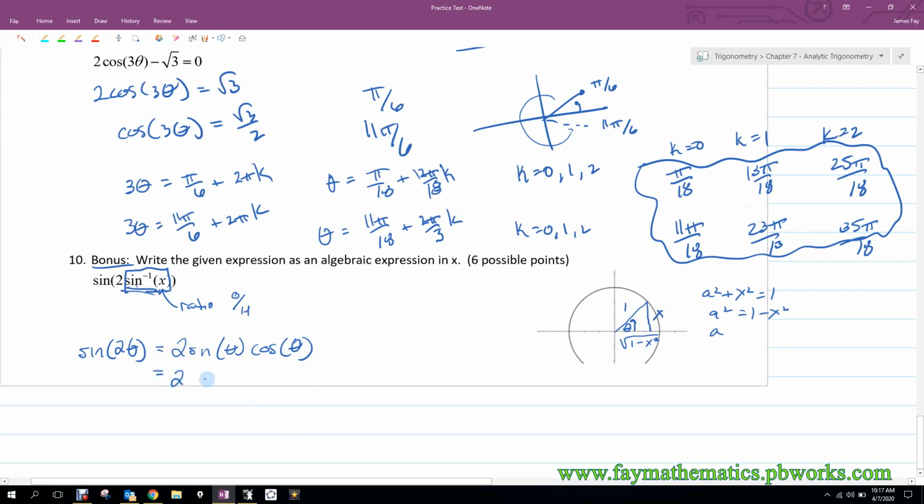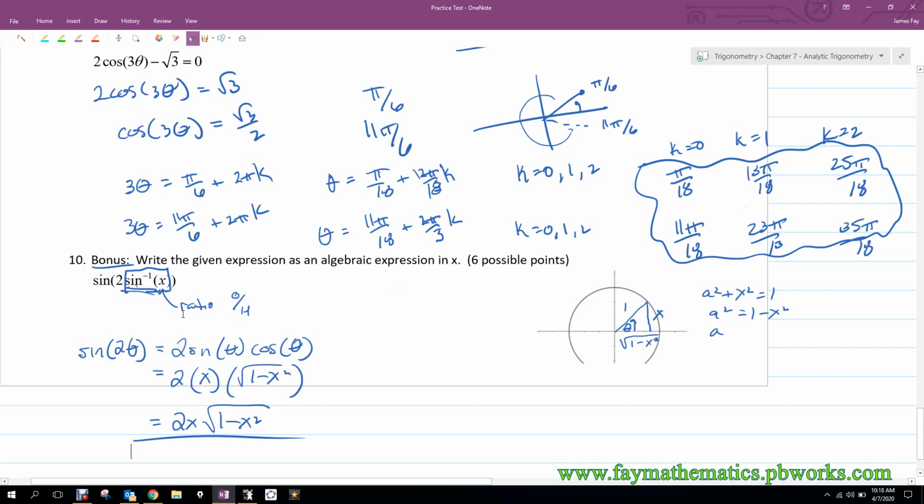So now we can go 2 sine of theta is opposite over hypotenuse, so x, and cosine is root 1 minus x squared. So what we get here is 2x times root 1 minus x squared, and now it's an algebraic expression in terms of x and no longer trigonometric.